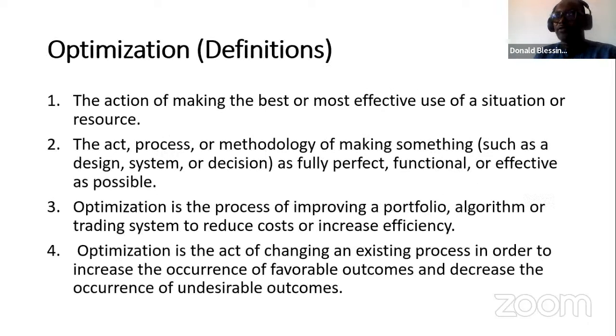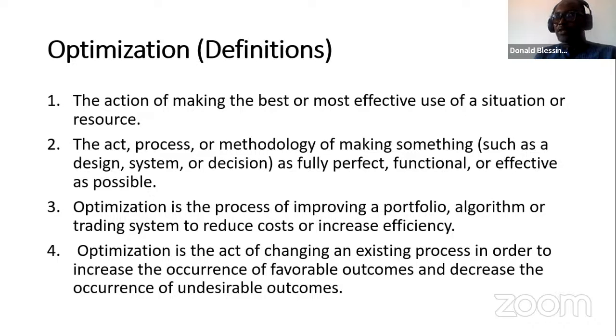So first of all, we need to know what optimization is. First definition: the action of making the best or most use of a situation or resource. The second definition: the act, process, or methodology of making something such as a design, a system, or a decision as fully perfect, functional, or effective as possible.